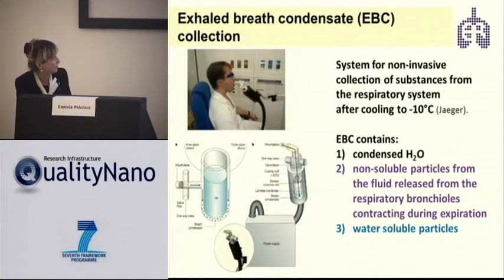Of course, exhaled breath condensate contains the biggest percentage of water, but also the non-soluble particles, and the origin is supposed to be from respiratory bronchioles that contract during expiration, and small droplets are formed. And also water-soluble particles, of course, are included.